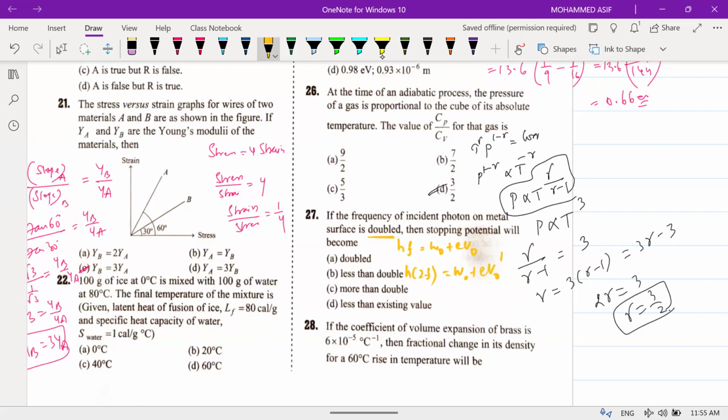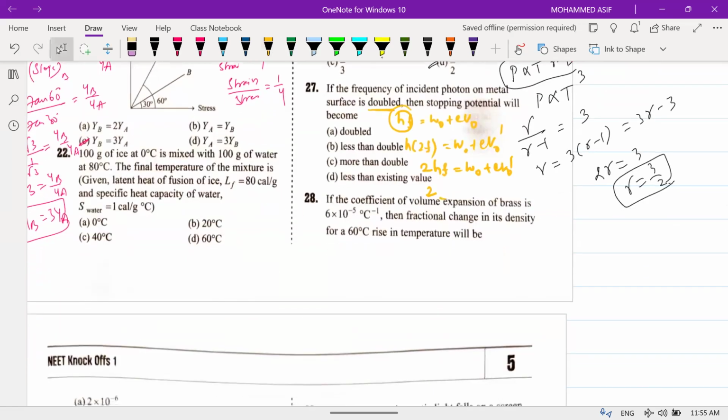Okay, so if I simplify both of them, substituting the value of hf from the first equation, it is 2 times hf. This is 2 into hf, which I can write as work function plus e into V naught dash. In the place of hf, you write 2 times of work function plus e into V naught is equal to work function plus e into V dash.